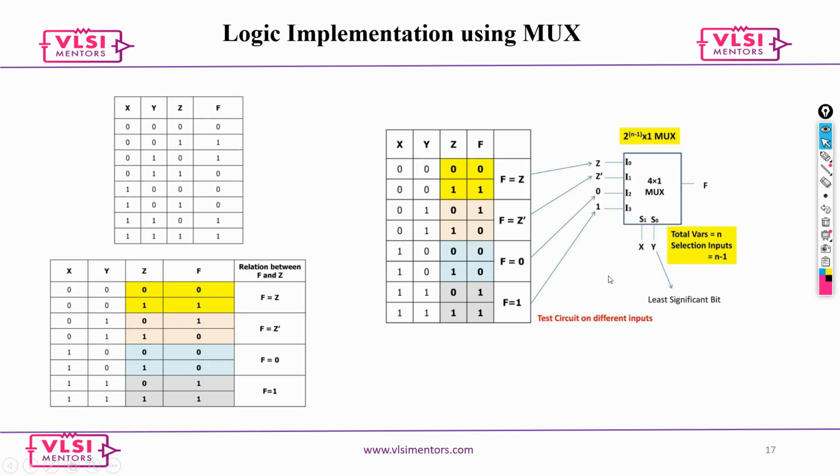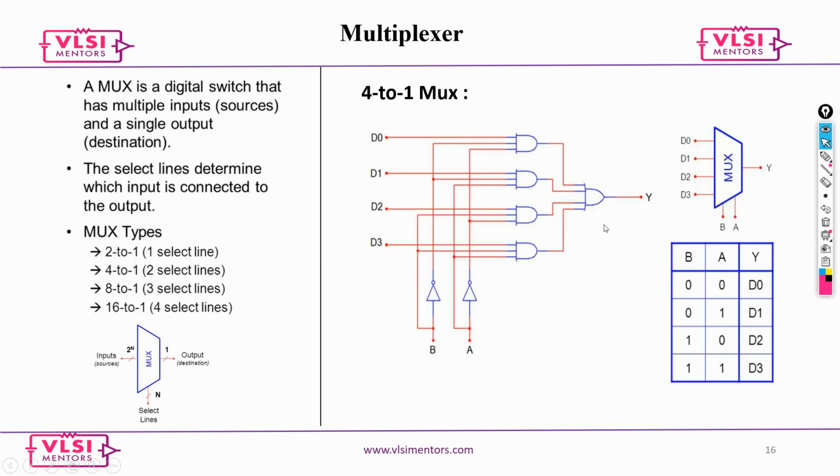Now the next thing is, typical written test questions are: implement a 4 cross 1 mux using 2 cross 1 mux. So how do you do this?